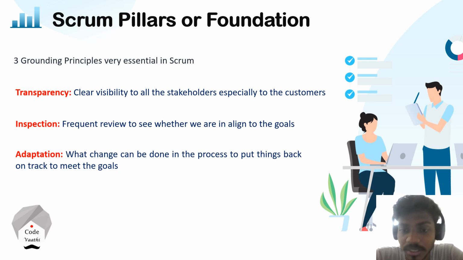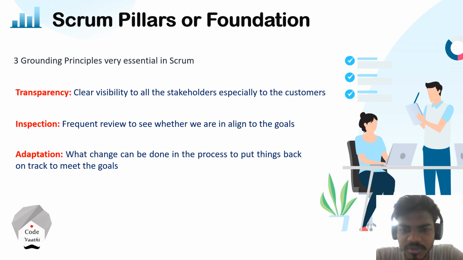It increases frequent communication among stakeholders and the development team, with end-to-end visibility to all the members who are part of that particular product development. Then coming to inspection, Scrum encourages people to frequently take a step back and see whether we are aligned with the goals which we took initially as part of the product development.